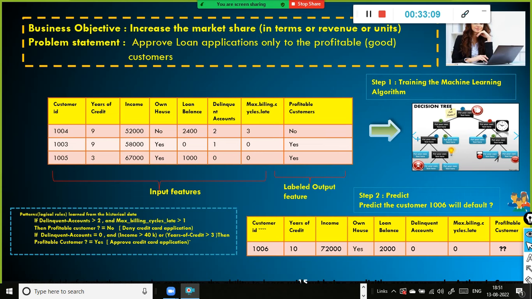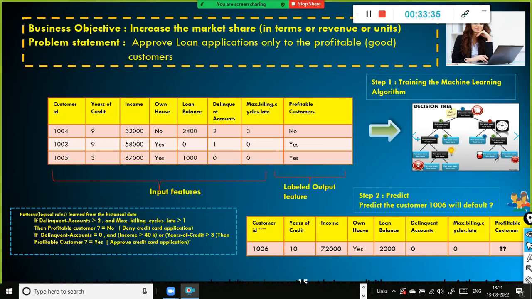EMI, you need to pay the interest along with the principal amount. Whereas in the case of a credit card, if you pay the money well ahead of the due date, you don't have to pay the interest. So hence, as a manager, you think, okay, if I approve the loan to my existing customers, especially the potential customers, the chances are that I can increase my revenue.